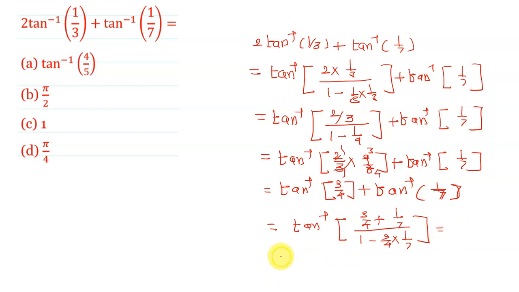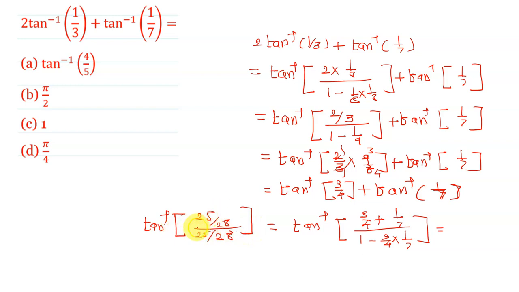Then you will get here tan inverse of 21 plus 4, that is 25, upon 28 in the denominator after simplification. Okay, 25 upon 28.